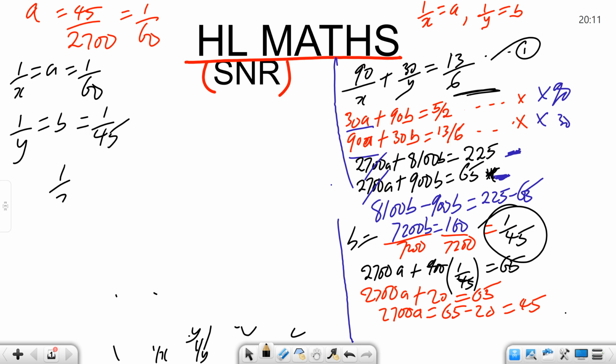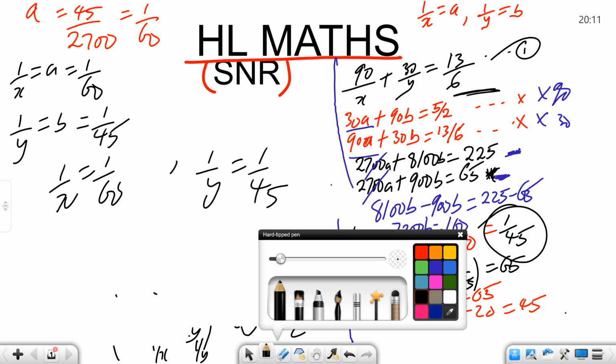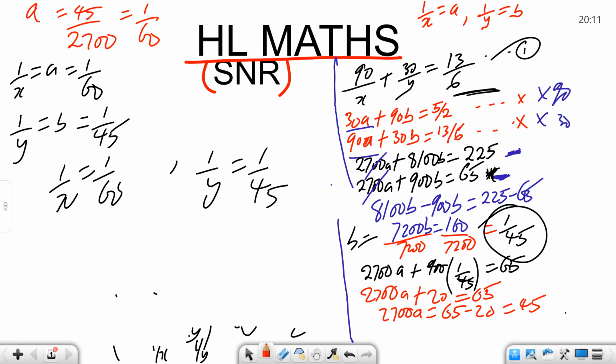Okay, so we have 1 over x equals 1 over 60, then 1 over y equals 1 over 45. So our answer is just close. Cross multiply: x equals 60 times 1 is 60, then y times 1 is y, then 45 times 1 is 45.